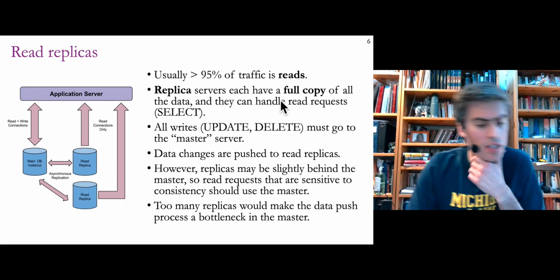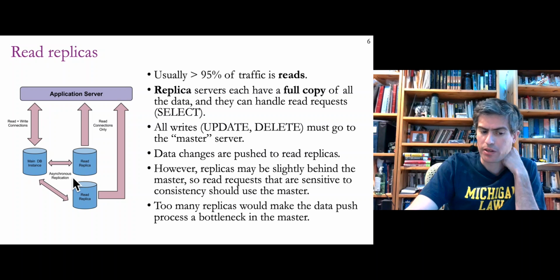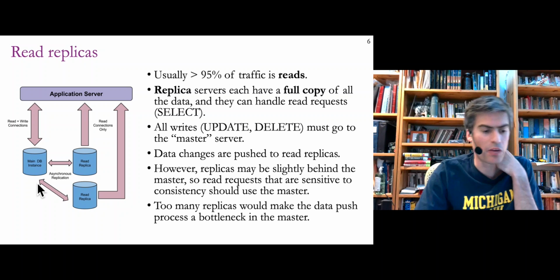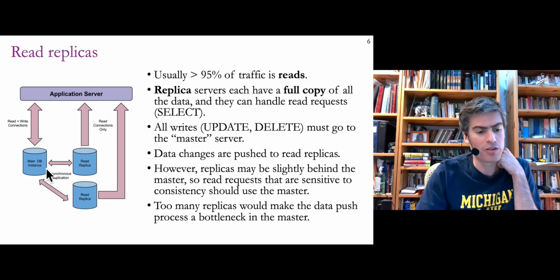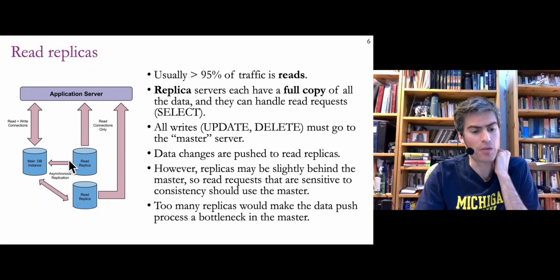And it's a very simple approach, right? There's no inconsistency that can happen here. That's one of the really nice features of this, because the writes only happen in one place. So the only challenge here is that maybe these read replicas are a little bit out of date, but if you stop writing and wait long enough, then these 3 are all going to store the exact same data.